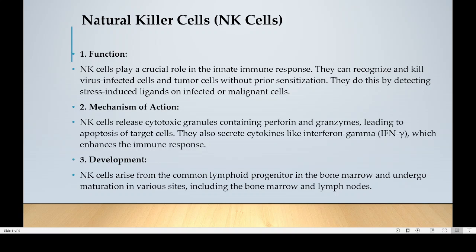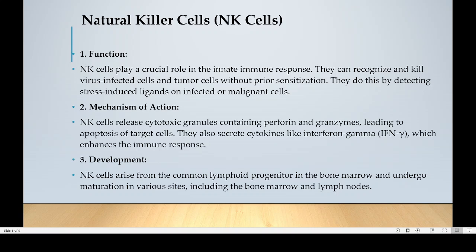So there are two mechanisms. One is by releasing certain enzymes like perforin and granzymes, which will be destroying the target cell. The second method is that they will be releasing interferon gamma, which will be improving the immune response of the body. So this is the mechanism by which natural killer cells will be influencing the immunity of our body.